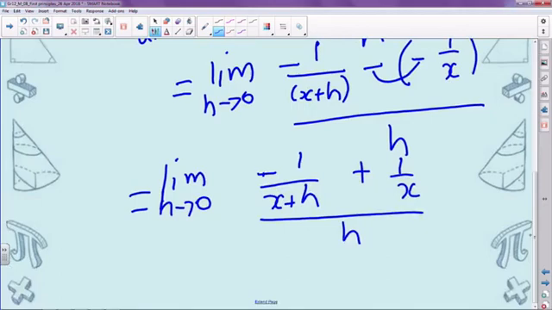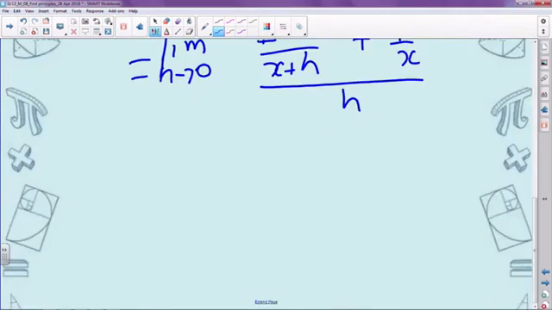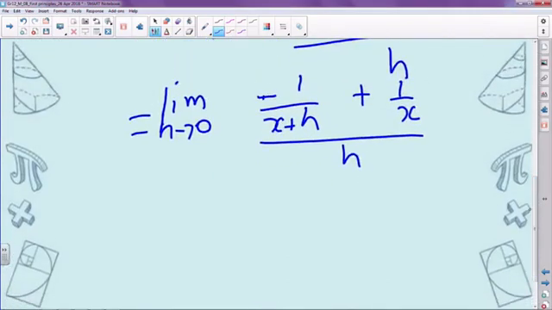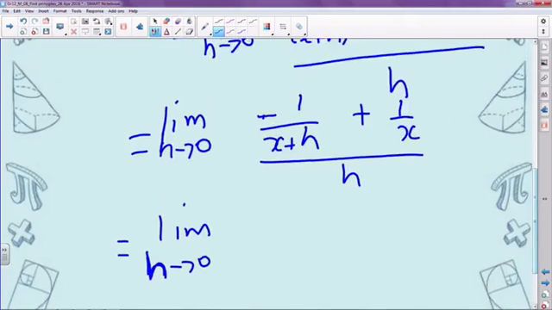If you look at your numerator now, what you're dealing with is the subtraction of two fractions. At this point, we're not even thinking about calculus. Here it's just algebra. If I want to add the terms in the numerator, I need to find an LCD. My LCD is going to be a combination of x and x plus h. So therefore, my LCD in the numerator will be x times x plus h.